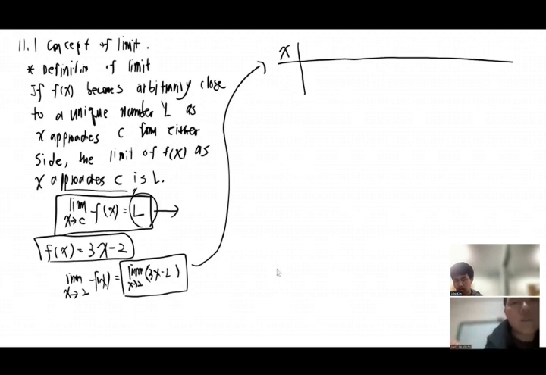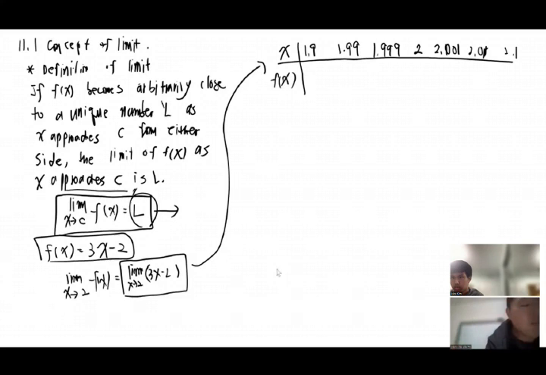Let's start with 1.9 for x, and move to 1.99 and 1.999 and 2, then gradually getting bigger and bigger: 2.001, 2.01, and 2.1.